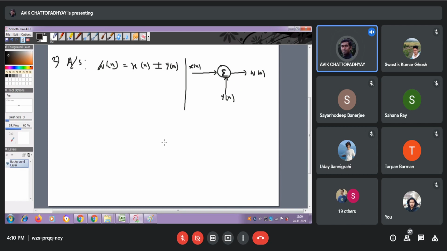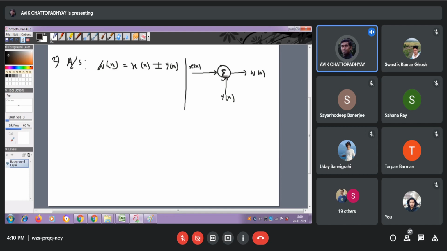Now the point I'm trying to mention is that if no sign is associated, then by default you can say it's a plus, an addition operation. It is simply an addition operation. But to indicate that the same block is actually doing a subtraction operation, we associate a negative sign.